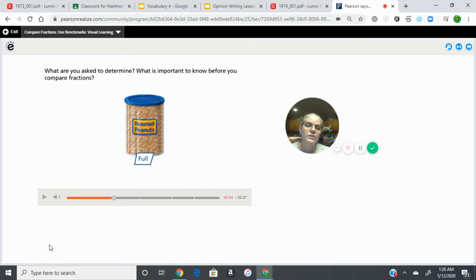So we have to make sure that the containers are the same, that they are filled the same. This one says that they're this size, they're both the same product, they're both roasted peanuts, and they're both full. So those are things that we have to know before we start comparing them. You are asked to determine the person who will buy more peanuts. Before you compare fractions, it is important to know that the wholes are the same size.